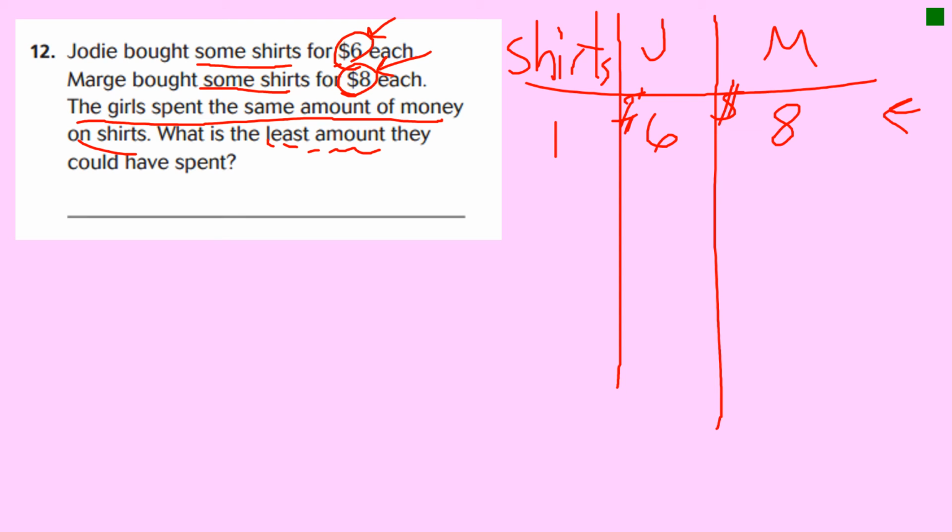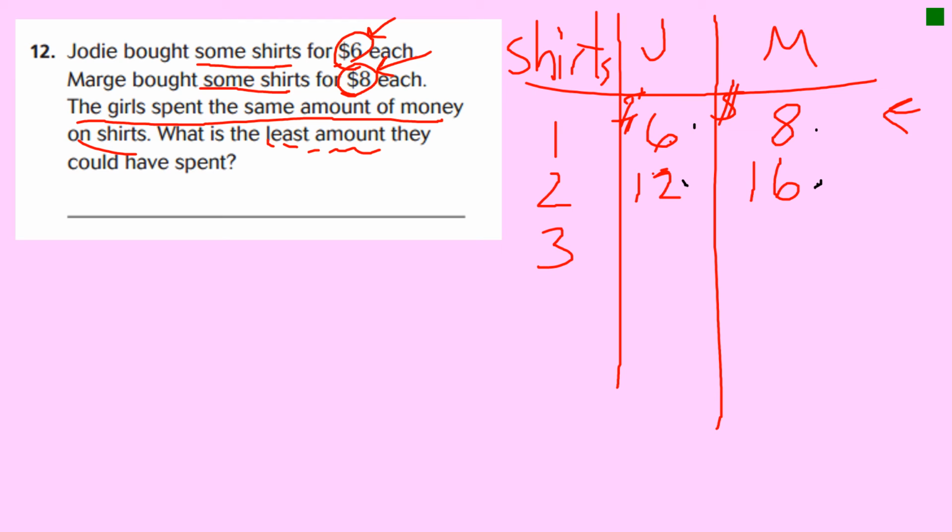All right, let's see what happens if they buy two shirts. Jody will spend $12. Margie, is that her name? Marge. Marge will spend $16. Now let's look at all these numbers. 6 over here. We have 6. No, that's not 6. 12. Nope. Okay, let's keep going. 3 shirts.